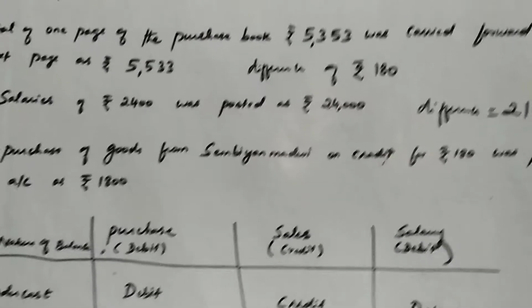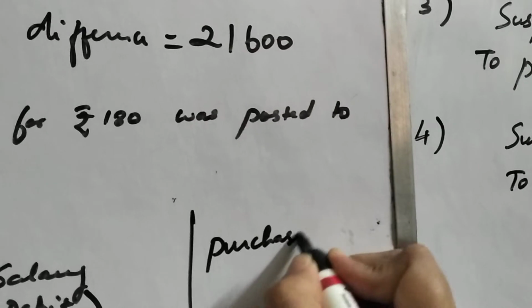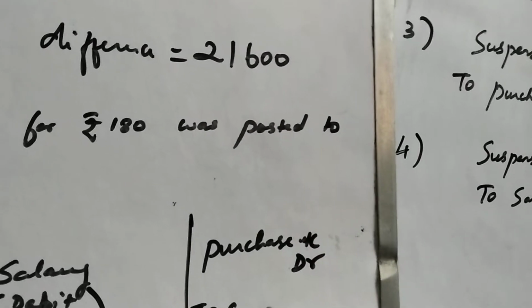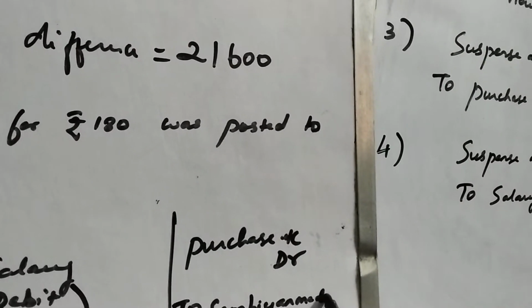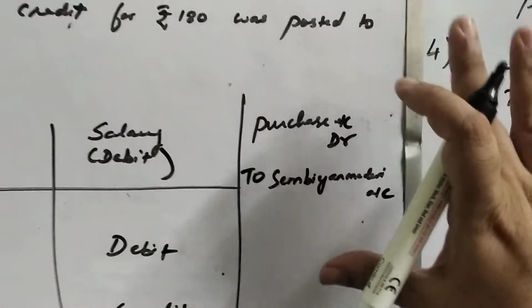So let me explain that. Purchase account debtor to Sembi and Madevi account. So this is the correct entry.